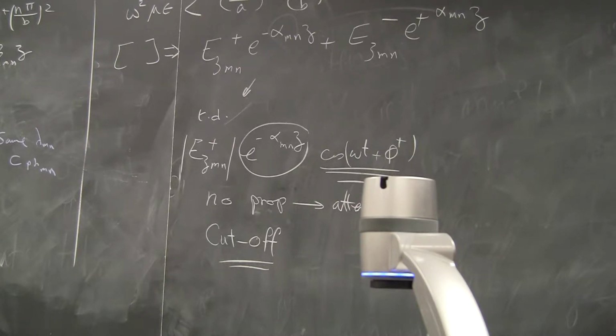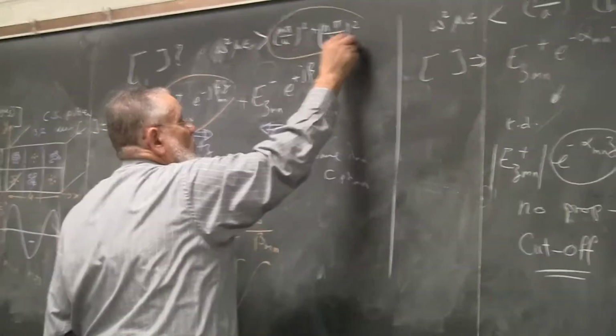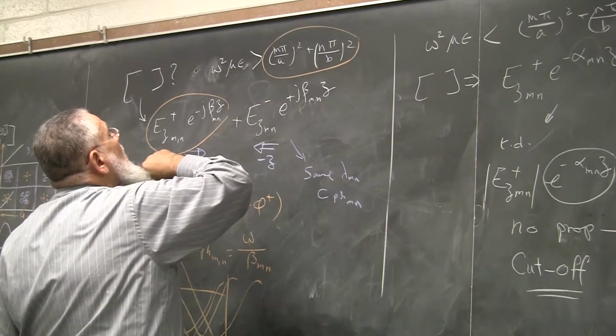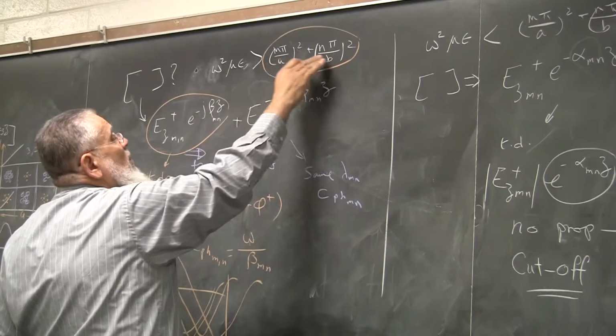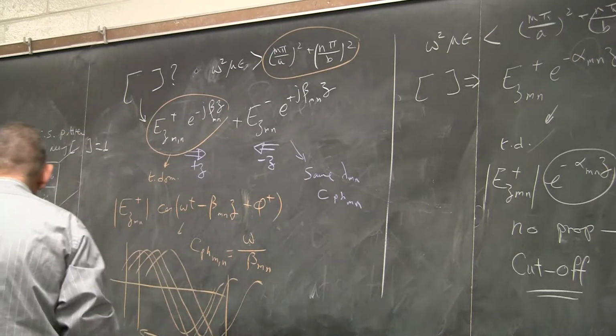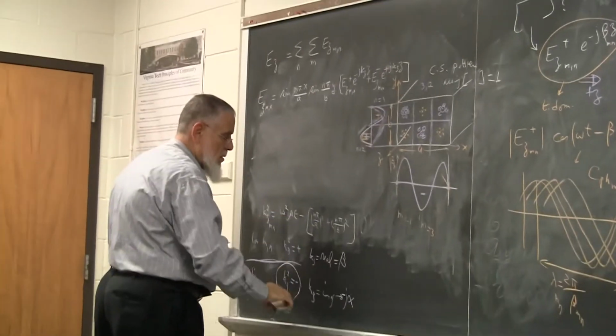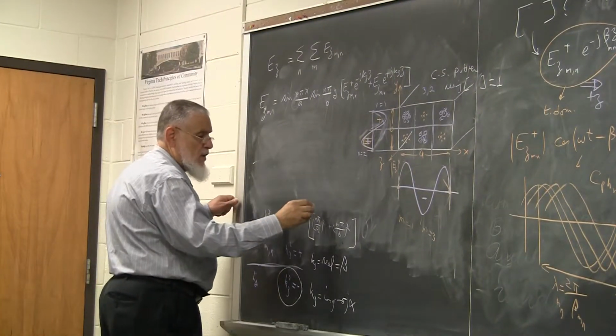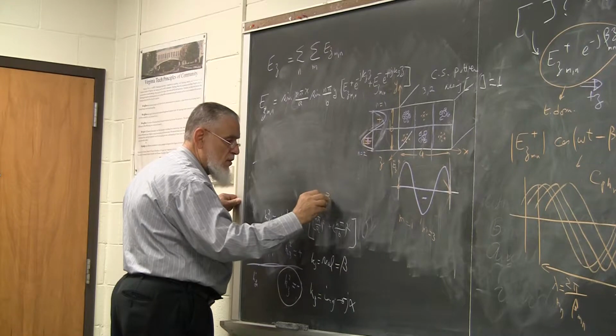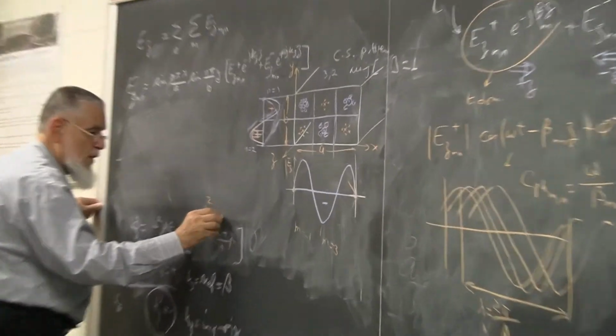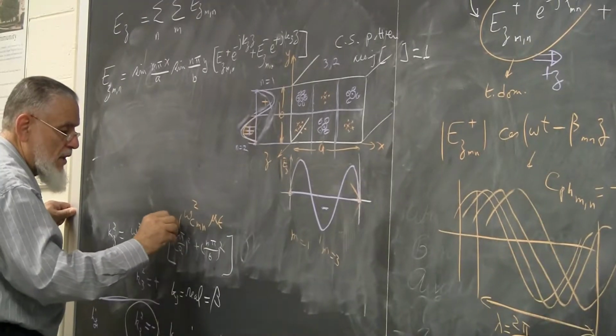So it's obvious that we can write this in terms of some critical frequency. I'm going to write this as omega sub c squared mn mu epsilon.